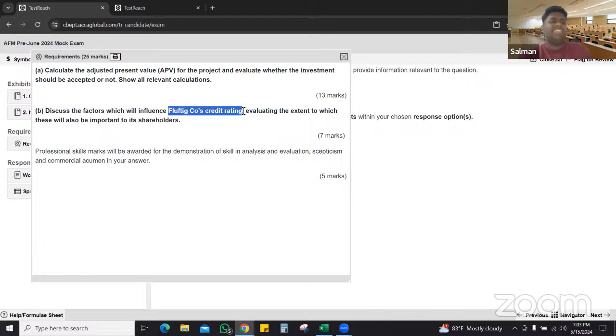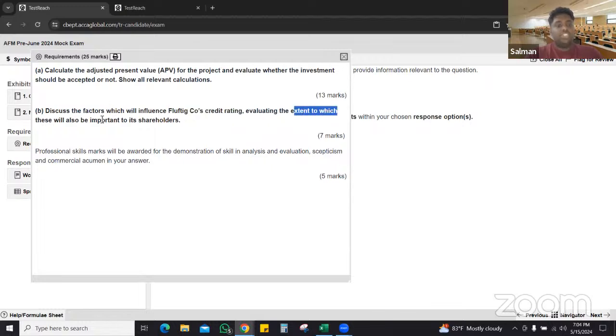You know what credit rating is? Credit rating is done by credit rating agencies, which are independent organizations that provide a rating reflecting the risk of the company. So what factors will affect the risk of the company? Speak about those. You can take factors from the example, and you can also bring up outside factors. 7 marks is quite a lot.